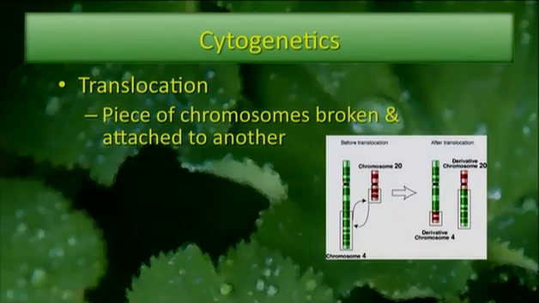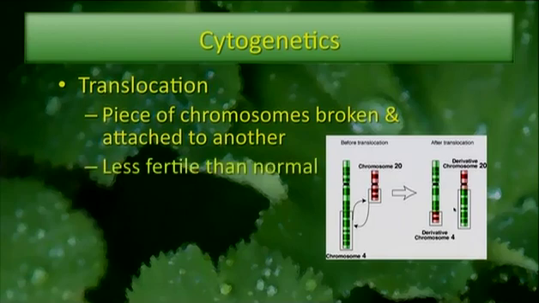This one breaks here and this one breaks here, and they exchange segments, reattaching to a different chromosome. This is what you call a translocation. Generally, because gametes have unusual combinations of chromosomes, translocations are also less fertile than normal.